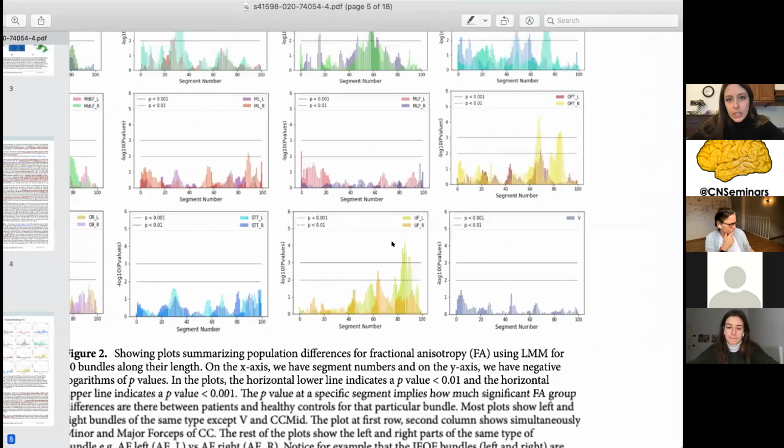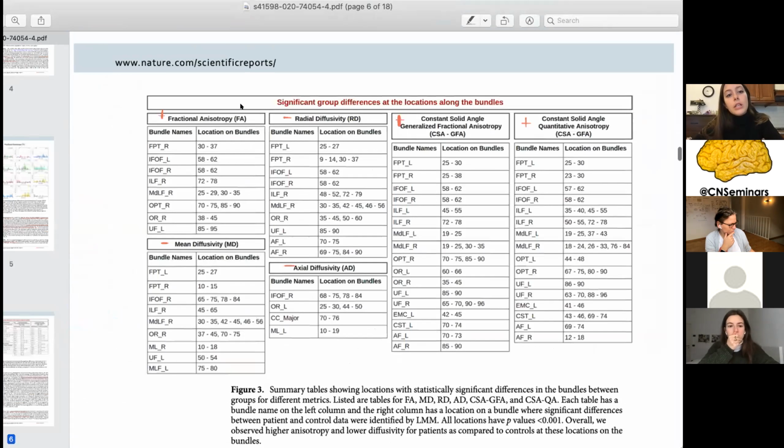The overall results are presented here. For all the measures that they consider, we have some anisotropy measures and some diffusivity measures. Overall, for the anisotropy measures, so fractional anisotropy, constant solid angle, generalized fractional anisotropy, and quantitative anisotropy, when comparing the two groups and we have a difference, we have higher scores for the patients.